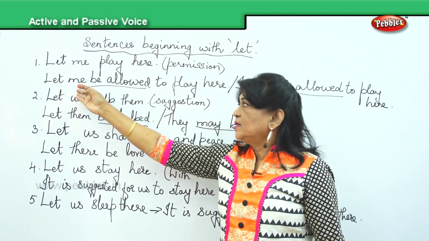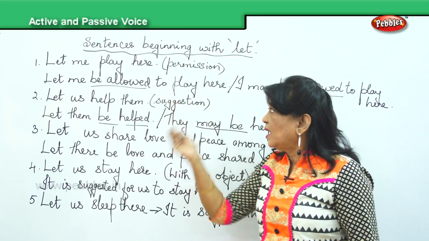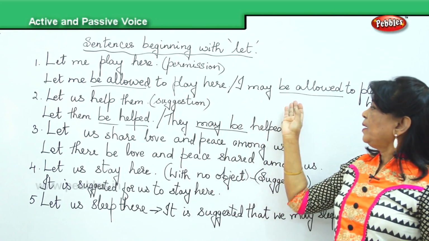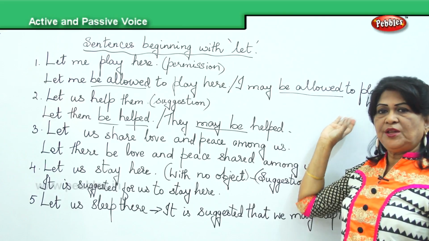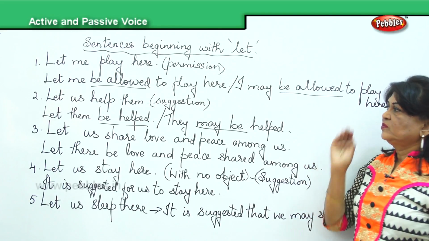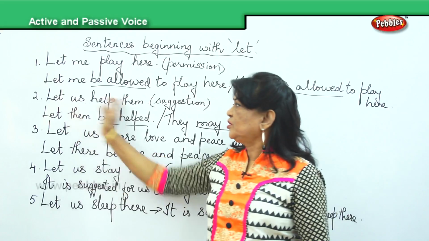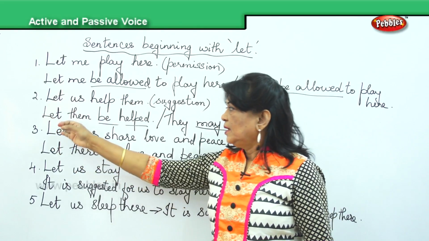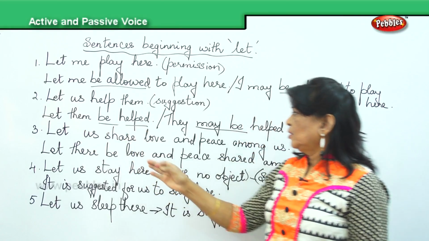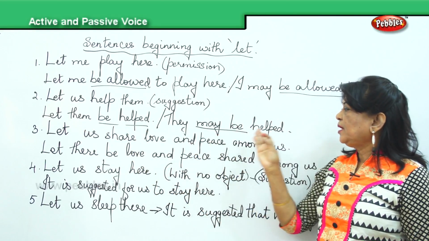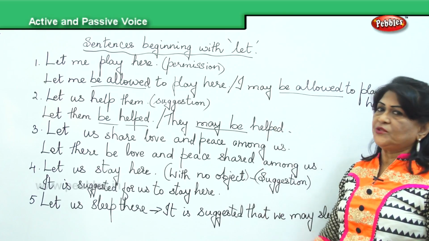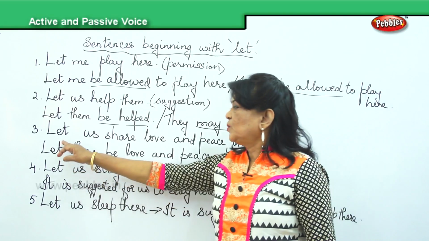The passive voice is let me be allowed to play here, or I may be allowed to play here. Next one, suggestion. Let us help them. Let them be helped, or they may be helped. This is under suggestion.